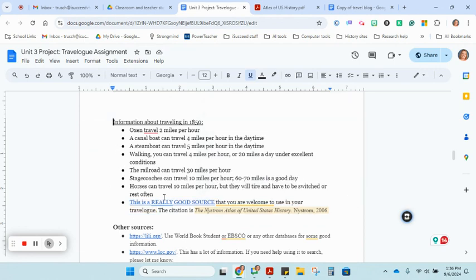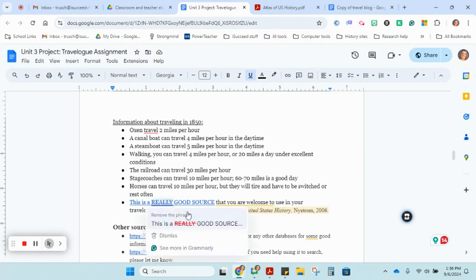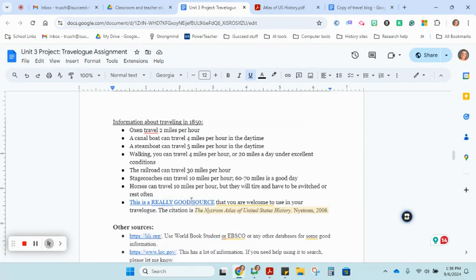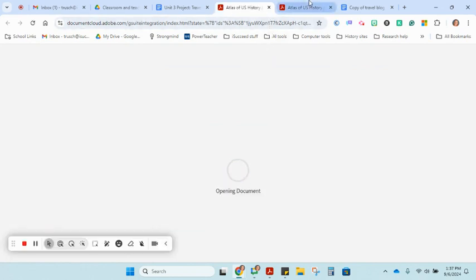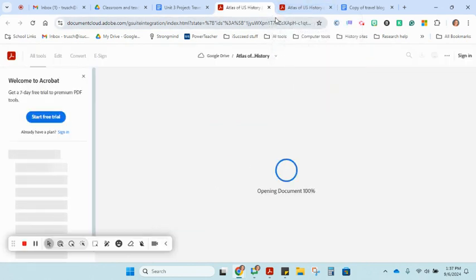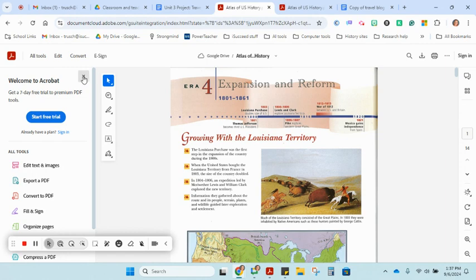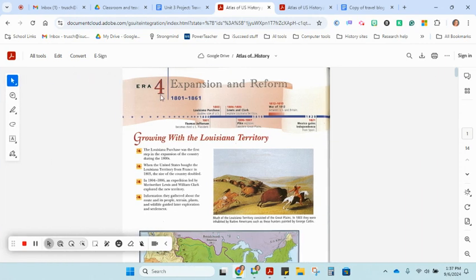Okay, you really want to use this source right here, which is the Atlas of U.S. history. And this is a source that I've had for years and years and years. And I'm telling you, it is indispensable.